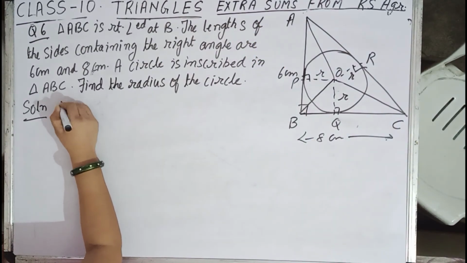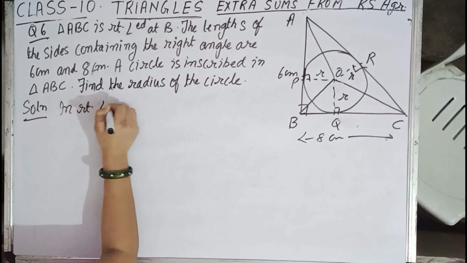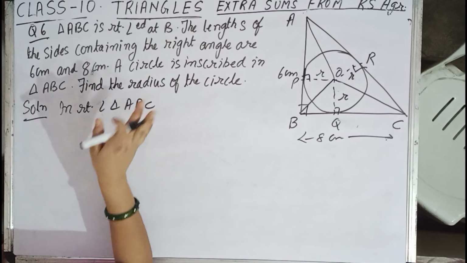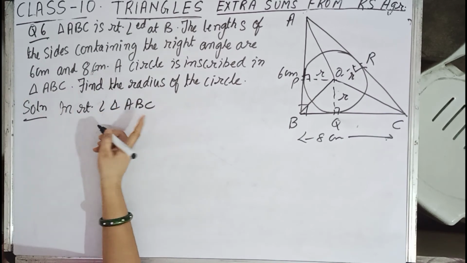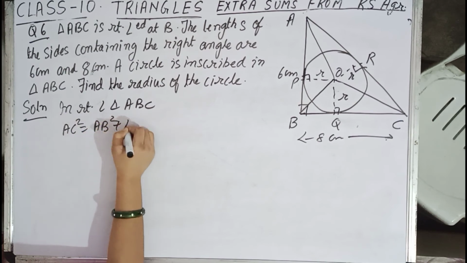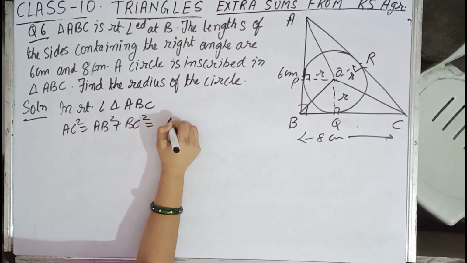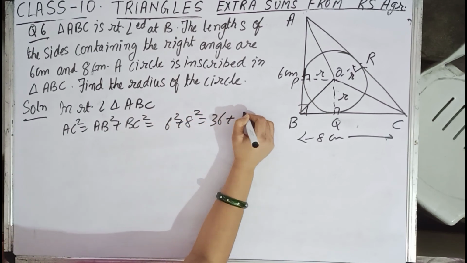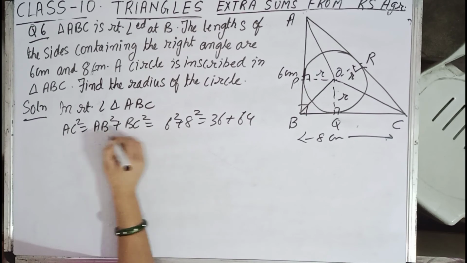Solution. In right angle triangle ABC, I am not writing the given part, and all children please do write. In right angle triangle ABC, AC square equals AB square plus BC square equals 6 square plus 8 square equals 36 plus 64 equals 100.